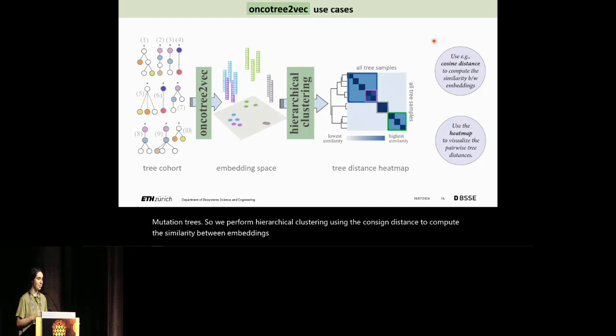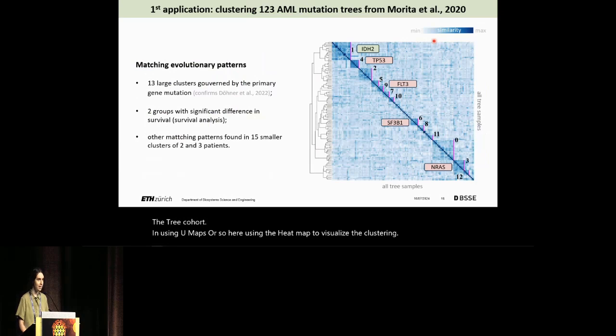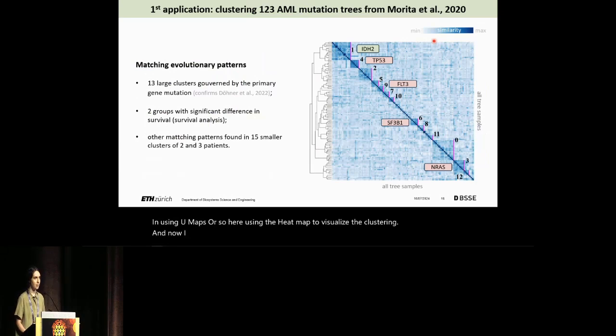And thanks to the embeddings, we can visualize the tree cohort using UMAPs, or here using the heat map to visualize the clustering. And now I will show you 2 applications on 2 real data sets that we use to assess the performance of our method and the usefulness of our method on real data.